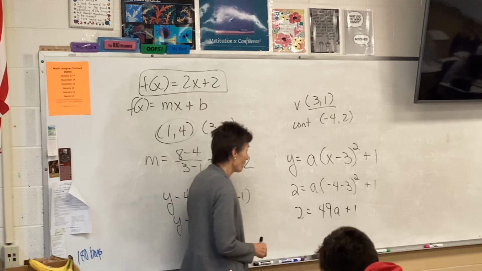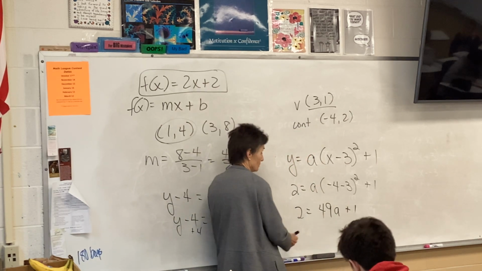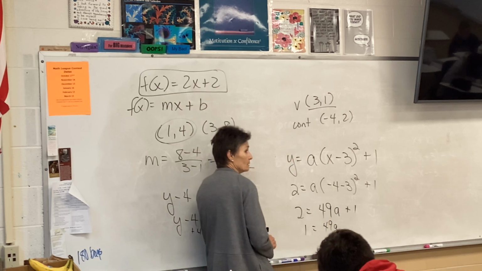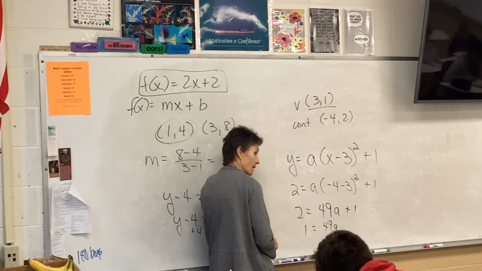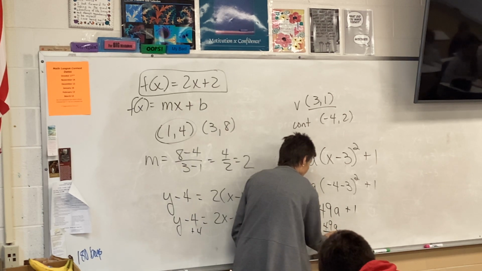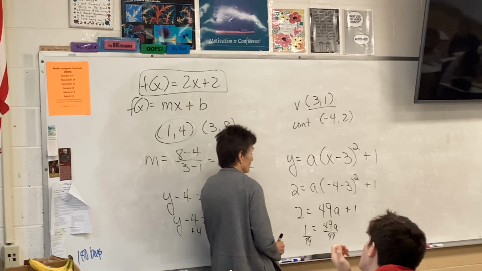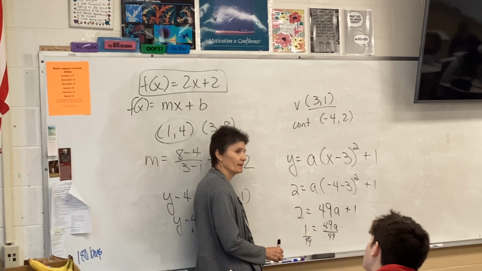Now we're trying to figure out what A equals, so we'll need to subtract 1, then we need to divide by 49. So what do I put in the answer blank then? What is my final answer going to be?